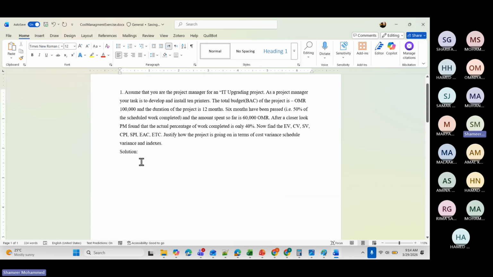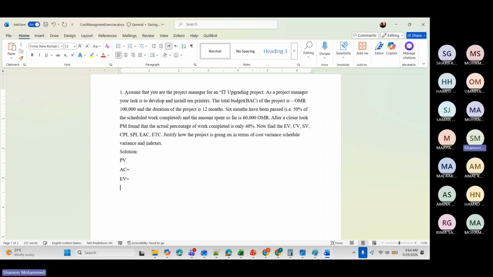First you find what is the planned value, what is the actual cost, what is the earned value, then the cost variance, then the schedule variance, then the cost performance index, then the schedule performance index, then the estimate time of completion, then the estimate at completion, and the estimate to complete, ETC, and EAC.